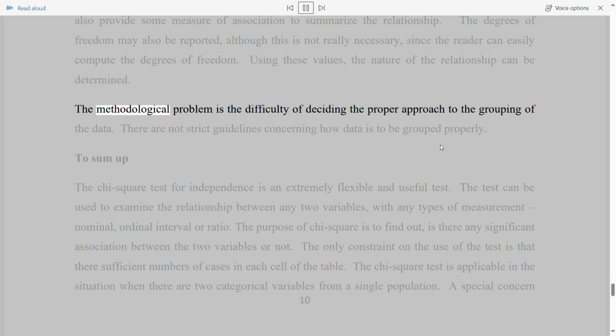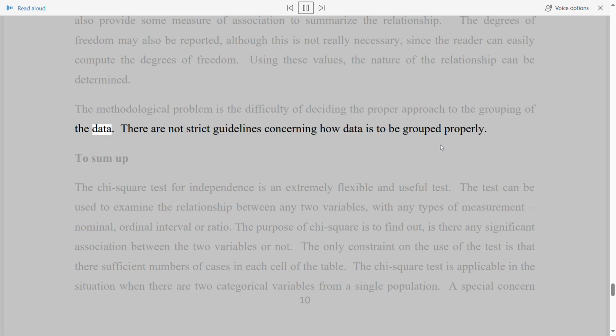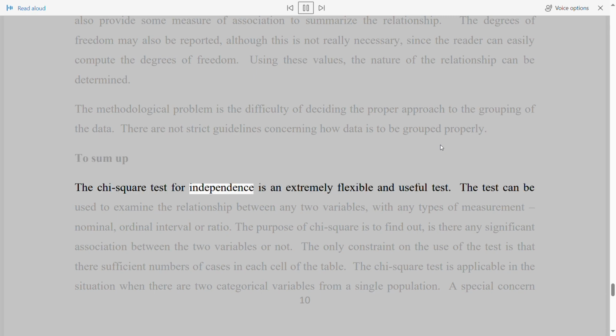The methodological problem is the difficulty of deciding the proper approach to the grouping of the data. There are no strict guidelines concerning how data is to be grouped properly. To sum up, the chi-square test for independence is an extremely flexible and useful test.